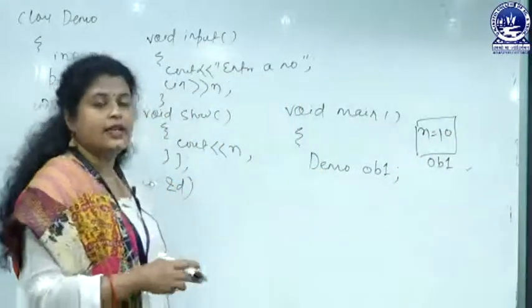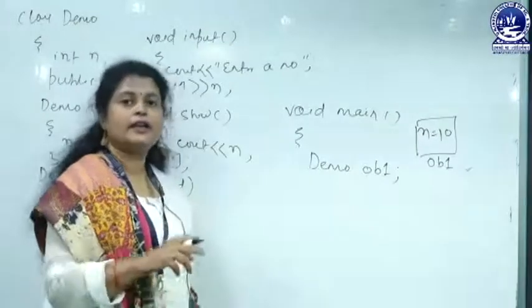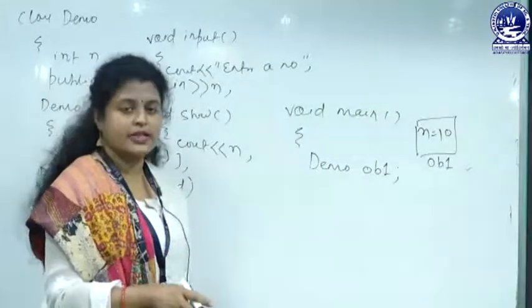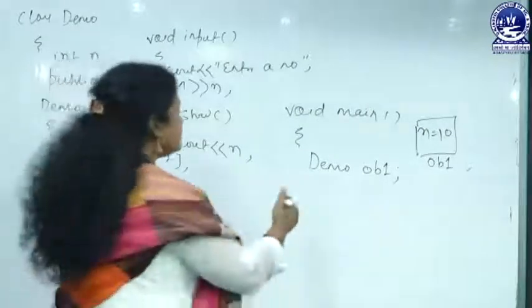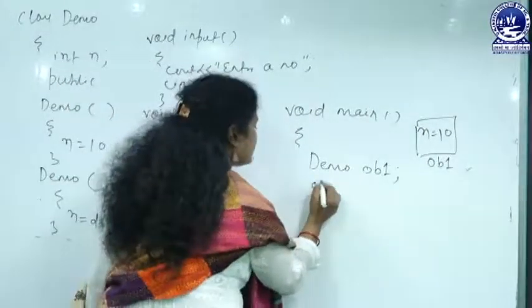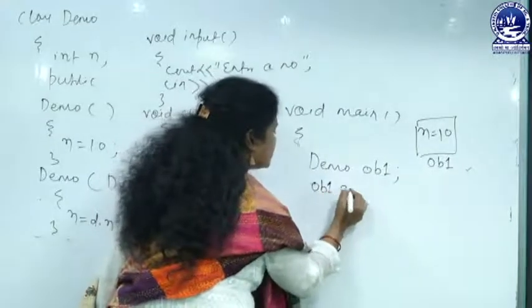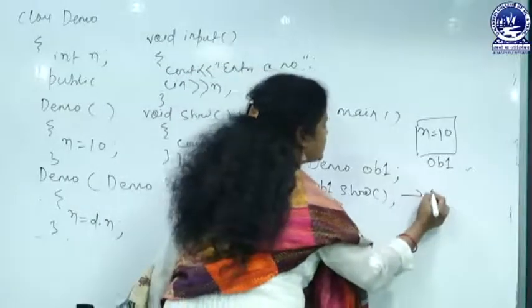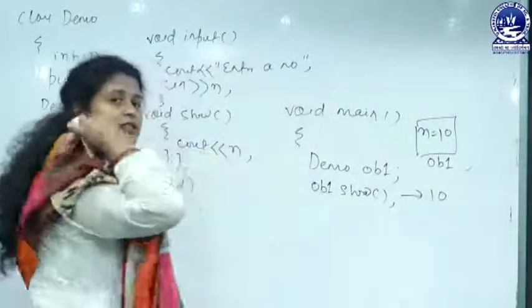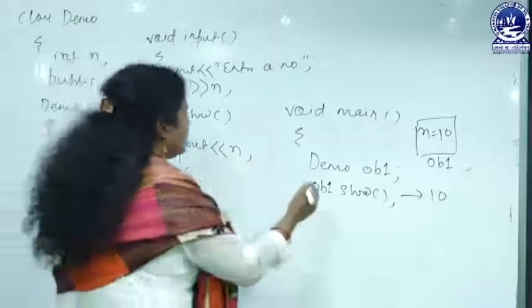We know that if we are using a constructor, at the time of object creation the constructor must be executed. It is a rule. Then suppose I display ob1.show, the output will be 10, because the n value is 10 here.